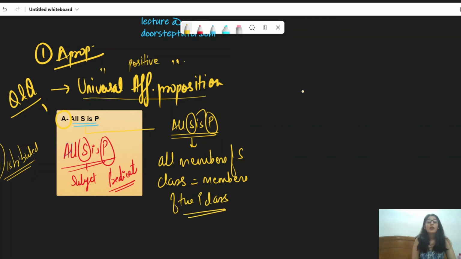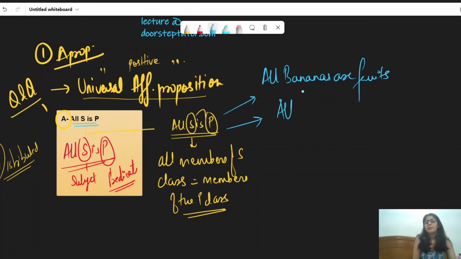Is this clear? Or I can also say all members of the subject class are also members of the predicate class. Now, why am I saying this with this amount of surety? You can take any example. Let's take All bananas are fruits. You can take the example All men are mortal. Here, firstly, we'll understand what the subject term is.